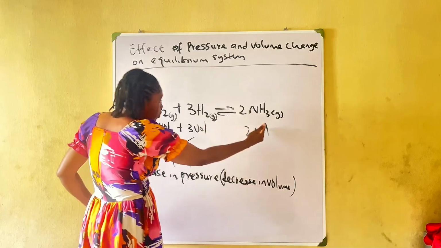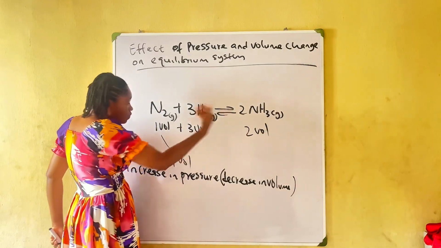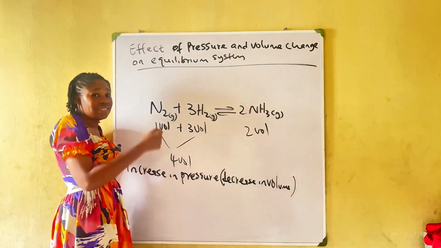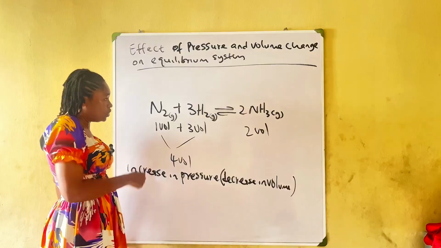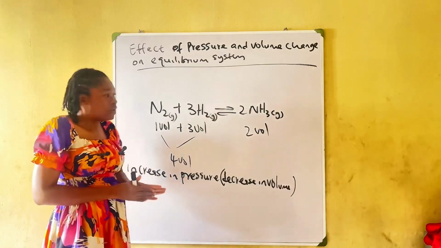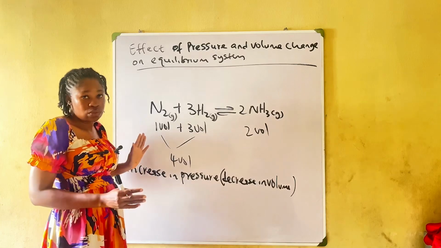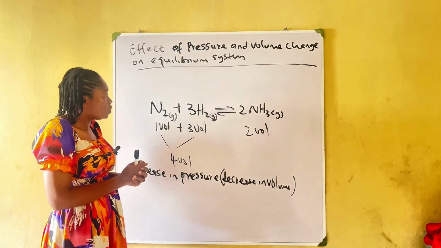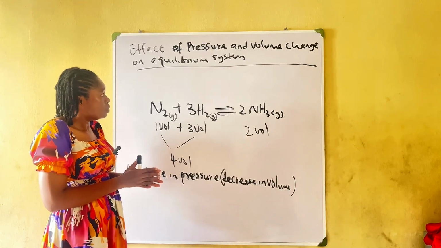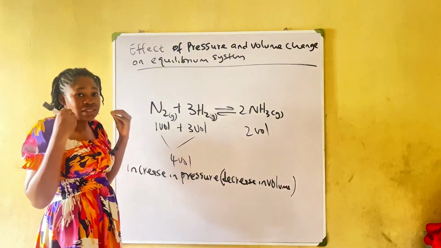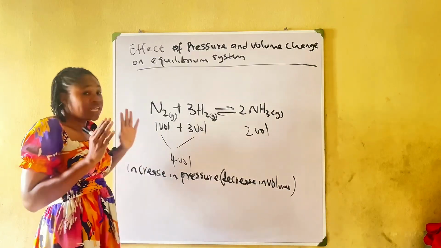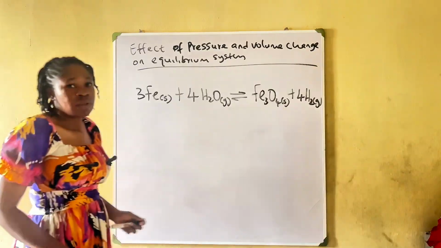So from right to left, you can see the increase in volume, isn't it? So when you decrease the pressure, equilibrium is going to shift to the left, favoring reactant formation. So that's all about pressure and volume. When it comes to that, always check the number of moles for gaseous reactants only.